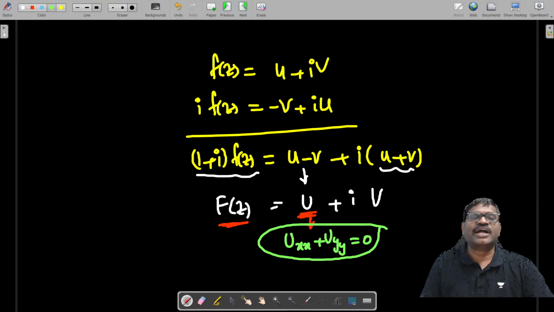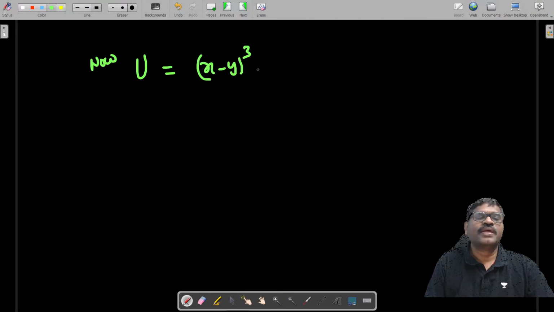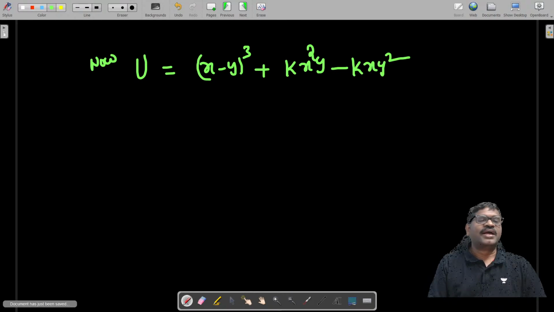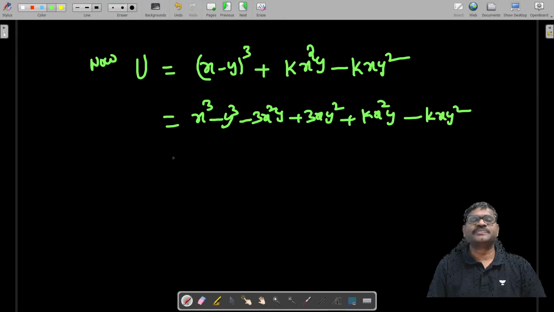Okay na? Now capital U is x minus y whole cube plus kx square y minus kxy square. That is nothing but x cube minus y cube minus 3x square y plus 3xy square plus kx square y minus kxy square.